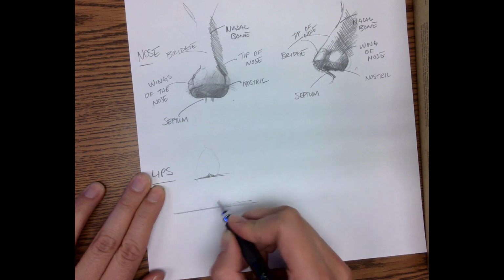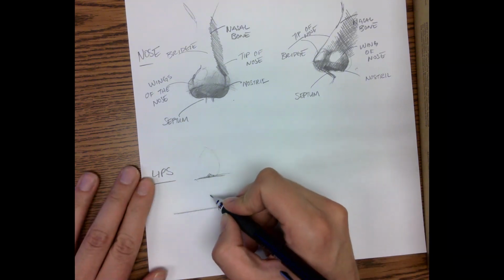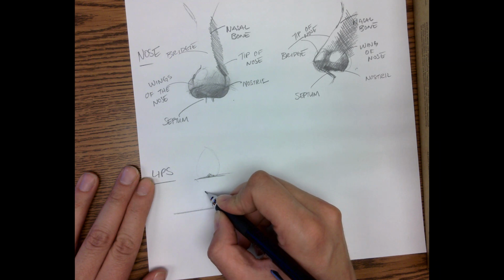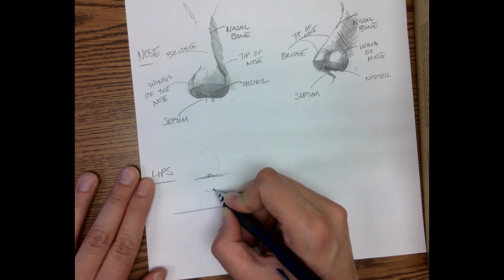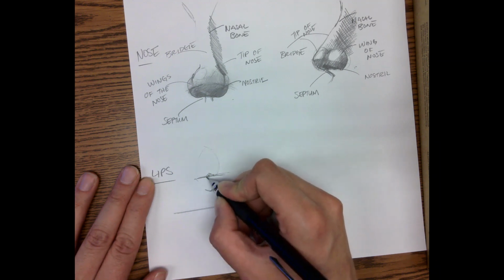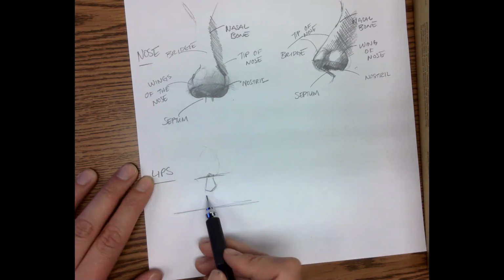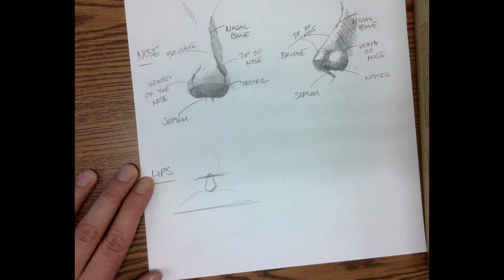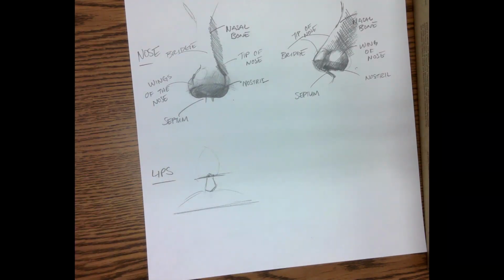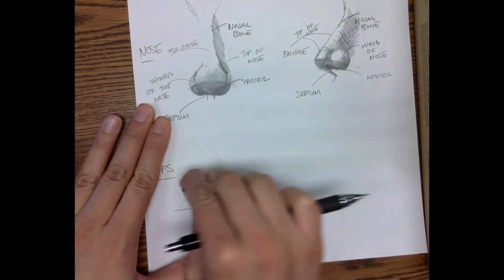And that depends on who you're drawing. Sometimes you've got subjects that have really big lips, so that septum is going to go down and maybe that's how big your lips are. Maybe you've got really thin lips. I've got kind of medium lips, so I put mine in the middle.